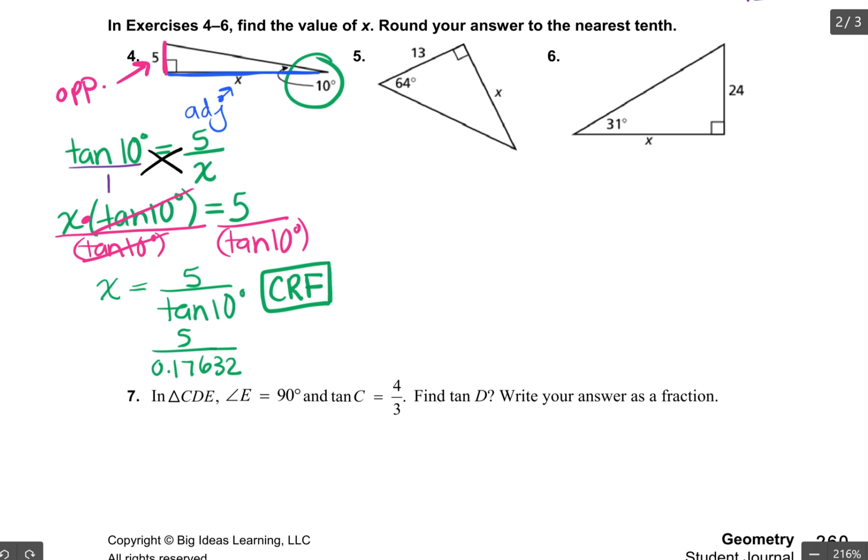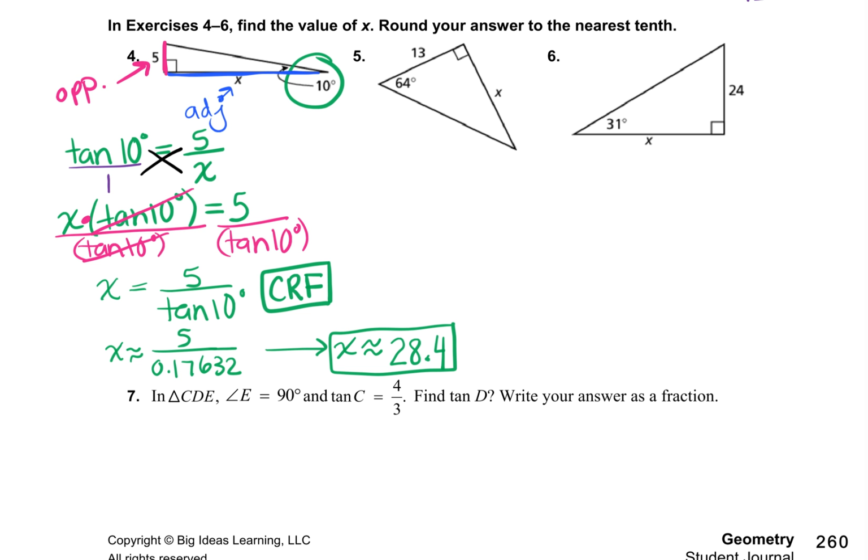And then you're going to do 5 divided by, and then type in that number. And when you do that, you're going to end up with x is approximately 28.4. It asks us here to round to the nearest tenth, so we're going to just write it with 1 decimal point. So x is approximately 28.4.